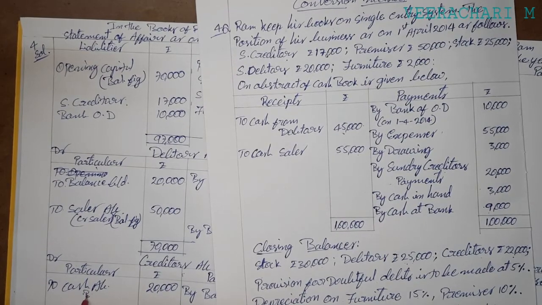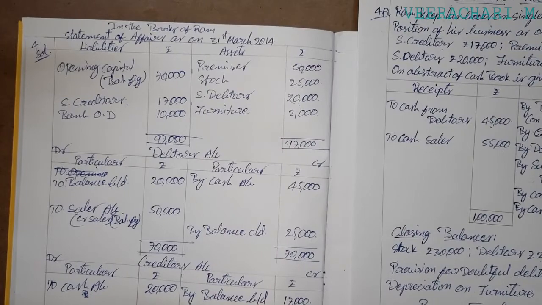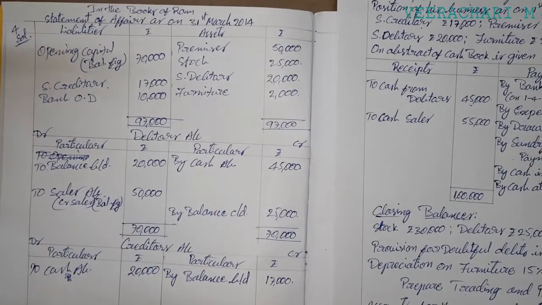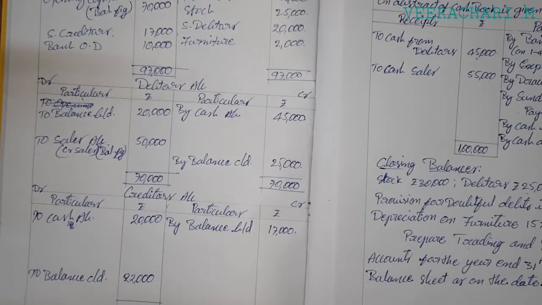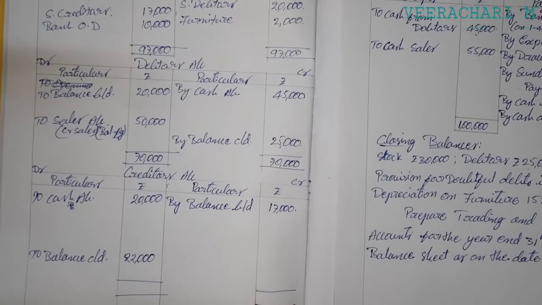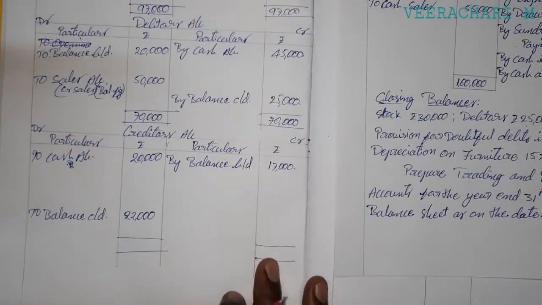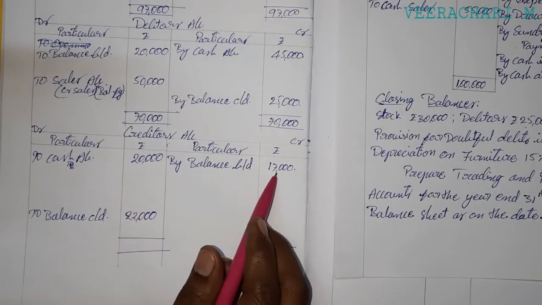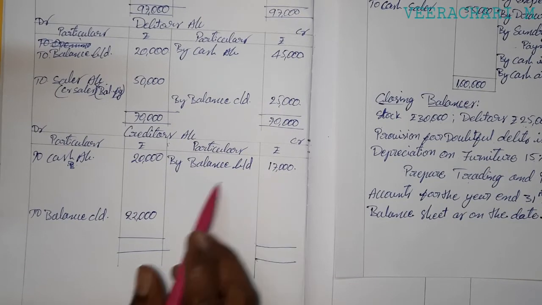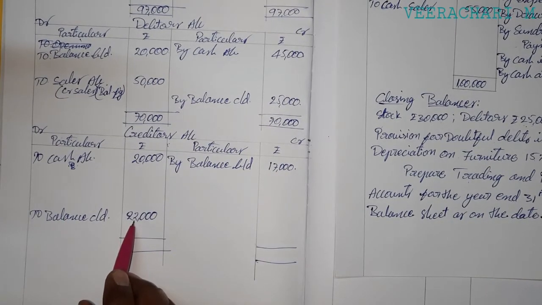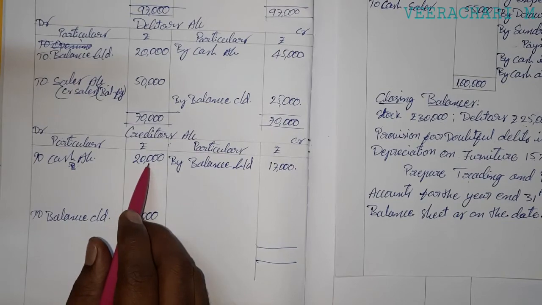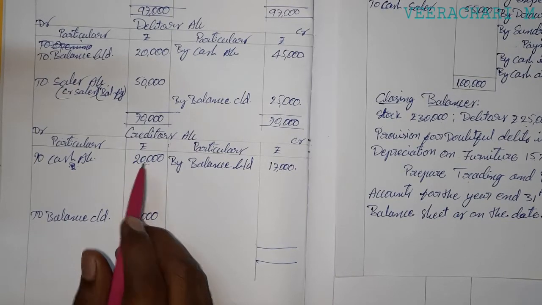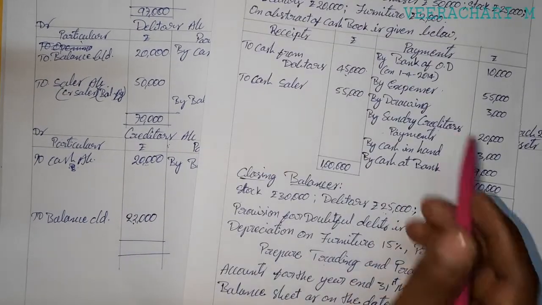Now whatever the difference value, it is the credit purchases. That is 17,000 opening balance of creditors, 22,000 closing balance of creditors, and the cash paid 20,000, that is there in the receipts and payment account.